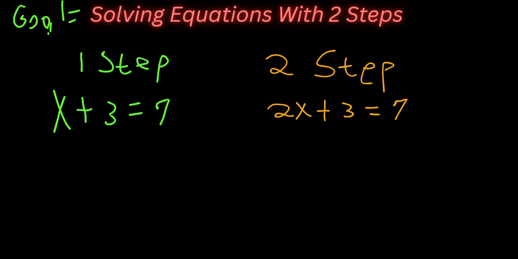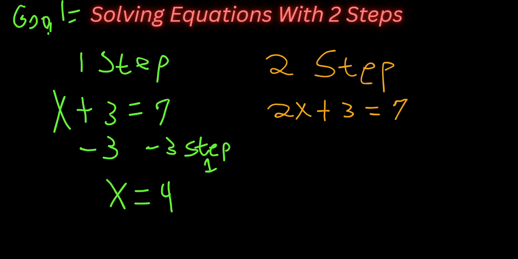With one-step equations, we learned that you perform the inverse operation and you would get x equals 4. And you are complete. And this would be step 1 right here, the -3 on both sides. Take one inverse operation, isolate the variable, and you're done.